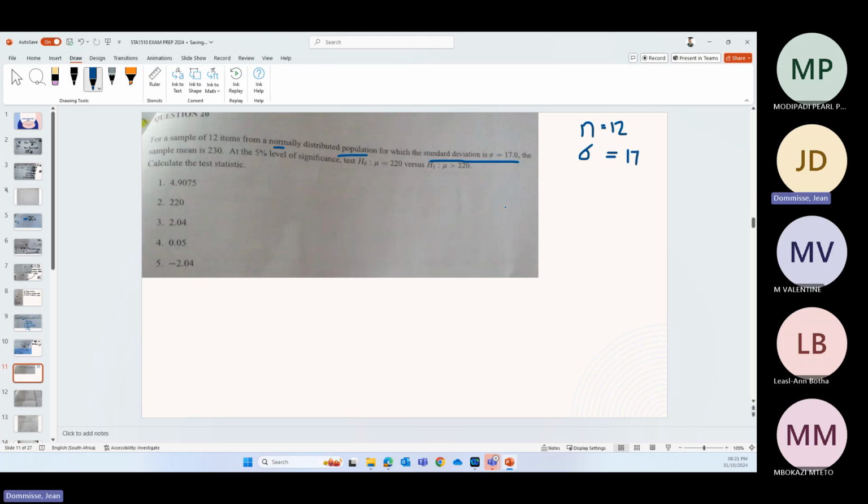The sample mean is 250. At the 5% level of significance, test mean equal to 220 and mean bigger than 220. Calculate the t-stat. Okay, so t-stat is the z. We've got x minus the mean divided by standard deviation over the square root of n.